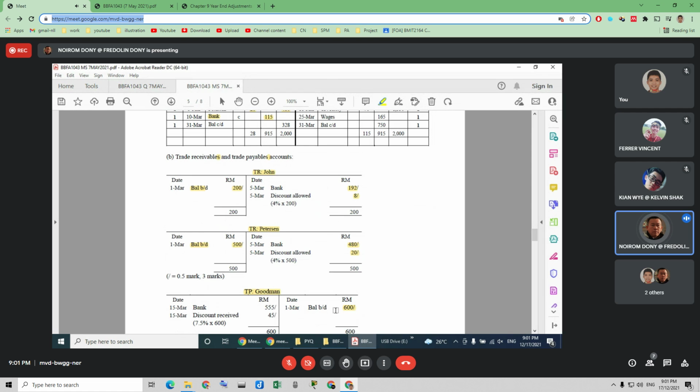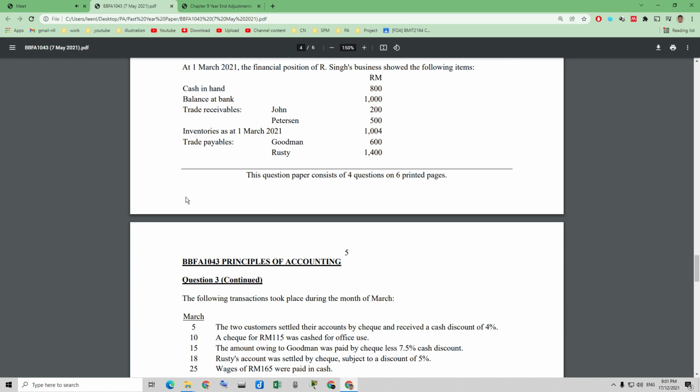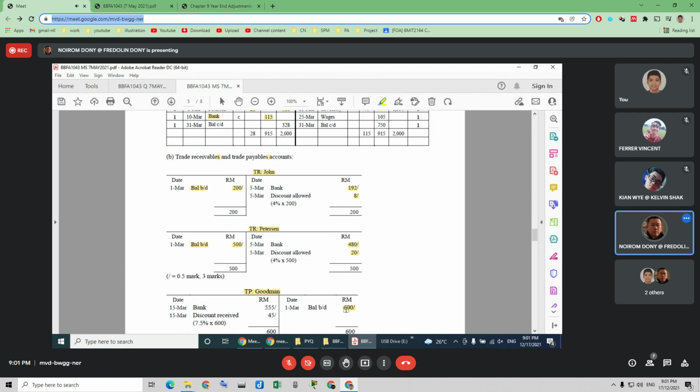So if it's 100% minus 7.5, you have 92.5, so 0.925 times the opening balance, 600.